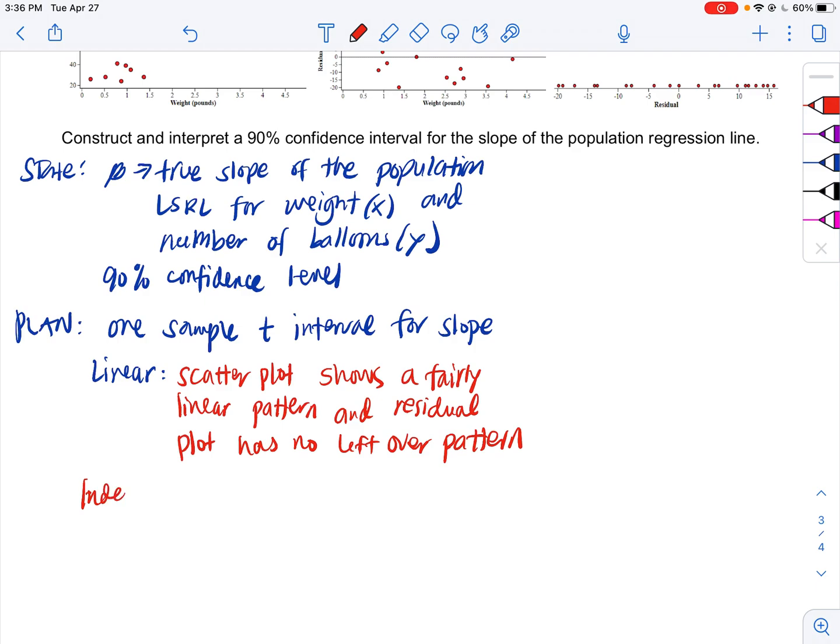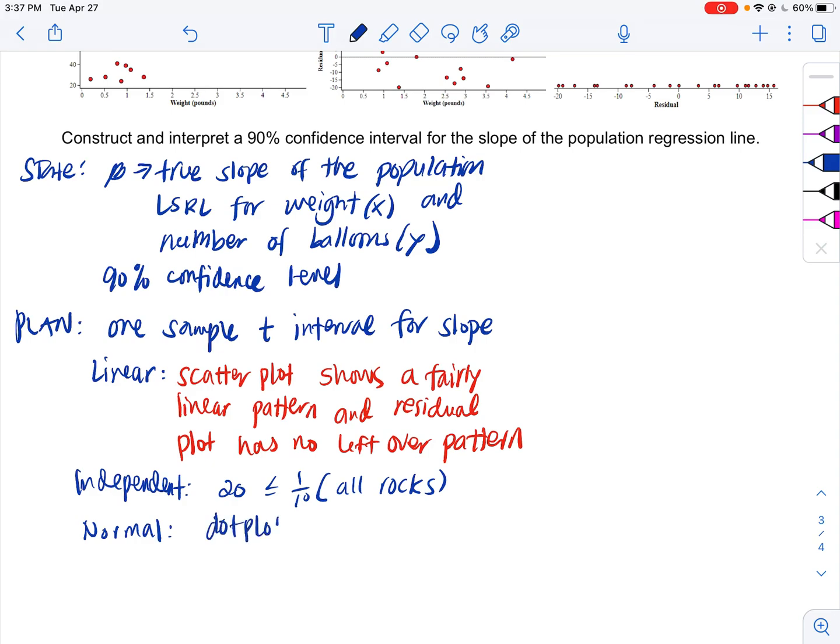Moving on, independent. This probably is the easiest one. They did a random sample of rocks, so we need to do a 10% condition: the sample is less than 1/10 of all rocks. Normal: for normal, we will do the dot plot of the residuals.